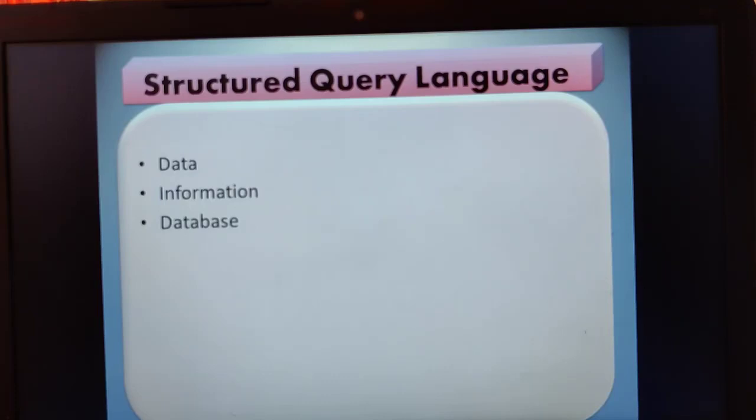Hence we call it logically related data items, because all the students have a name, a roll number, a combination, a contact number; they are very much related with each other. Therefore the definition of the database is that it's a collection of logically related data organized in a way that can be easily accessed, managed and updated.